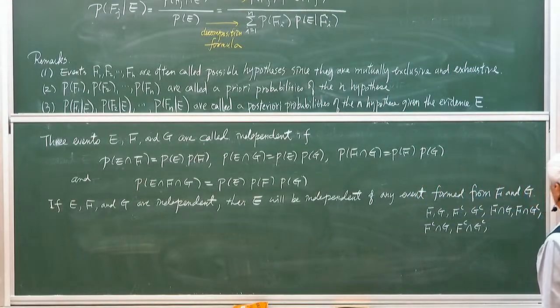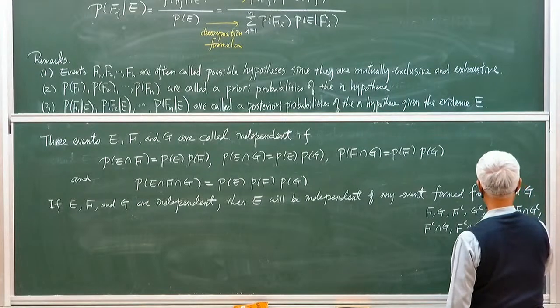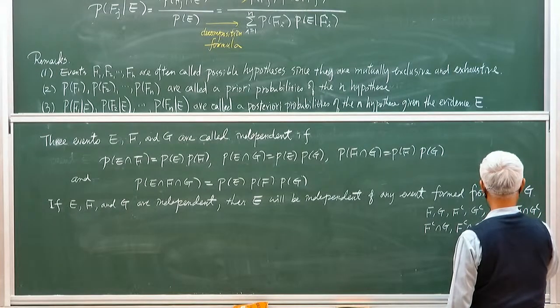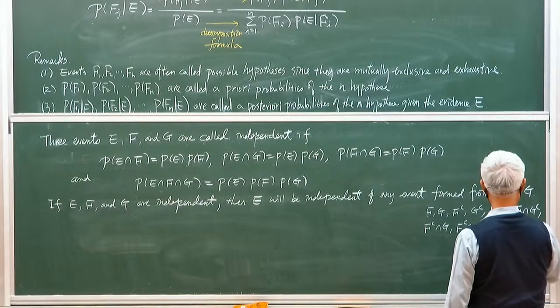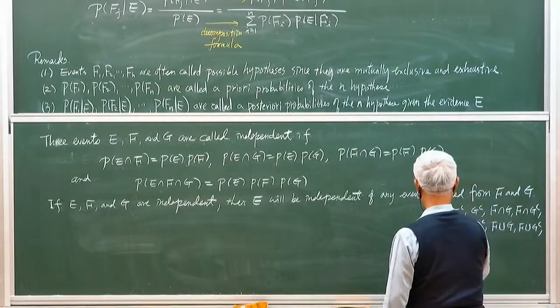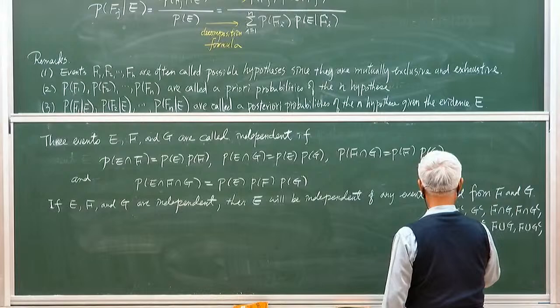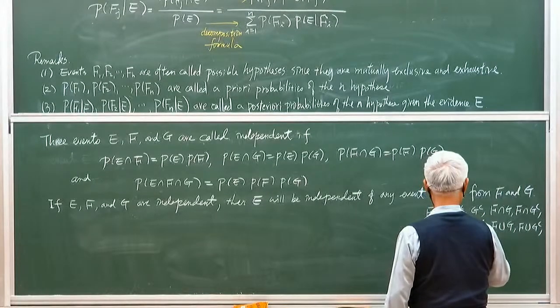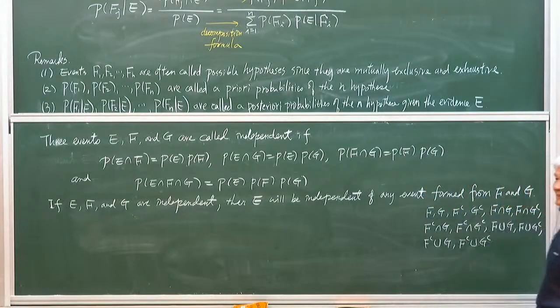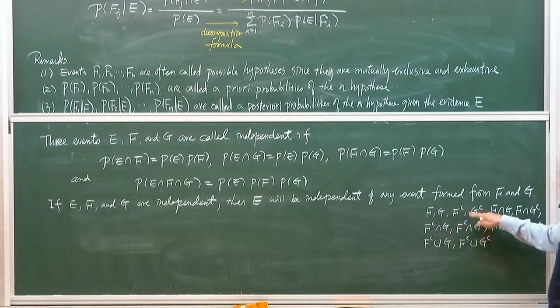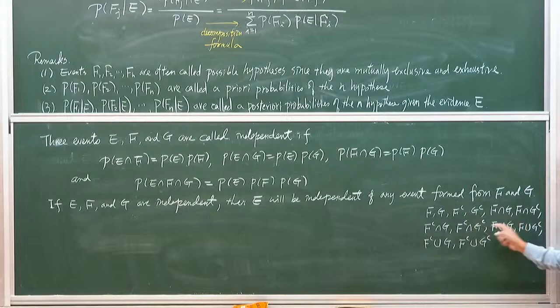F union G, F union G complement, F complement union G, F complement union G complement. So you can see there are a lot of events which can be formed from F and G, right? So just to give you a list about that.